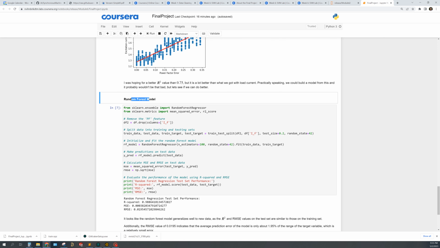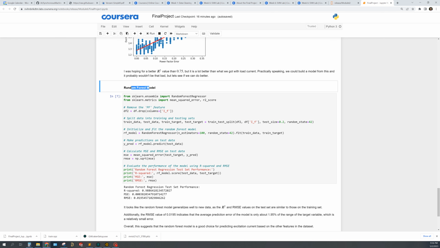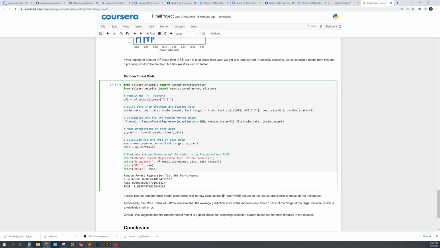So I basically picked it because I wanted to find an example of something that would overfit. And to my great surprise, and I didn't use that many estimators, I didn't play around with the estimator values too much, it performed amazing, almost 99% R squared.